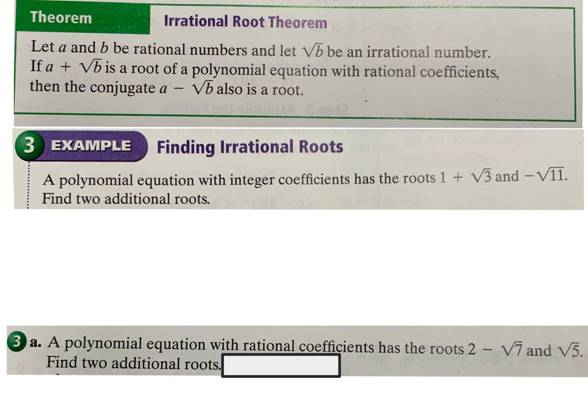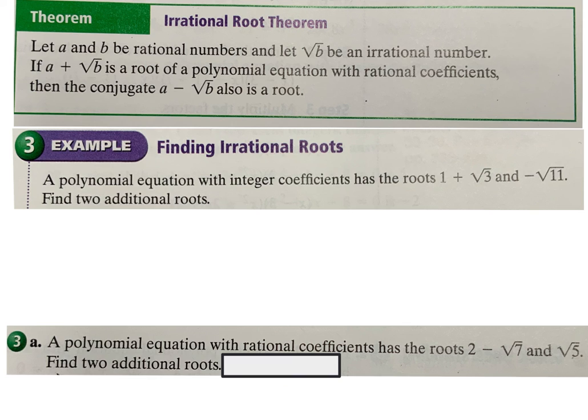So anytime you have an irrational root, meaning a square root that does not simplify, like square root of 5, you will have its conjugate, its little partner. If I have square root of 5, I'm going to have negative square root of 5. If I have 1 plus the square root of 5, I am going to have 1 minus the square root of 5. They will always come in pairs.